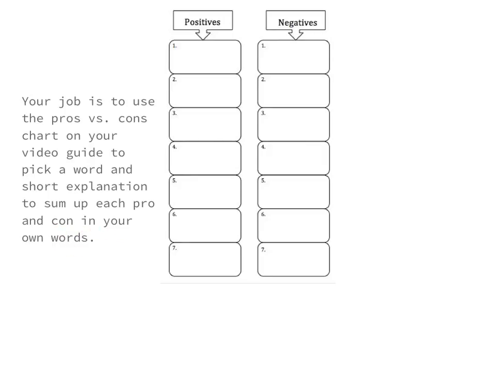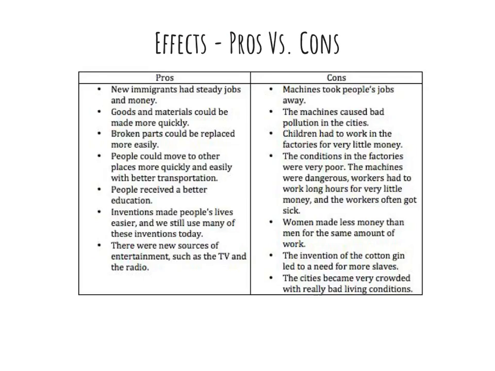So I will show you an example of what I mean by this. You will be looking at each one of the pros and each one of the cons and thinking of a word that would summarize the whole pro or the whole con. Here's an example of what I mean. Here for this one, people received a better education.